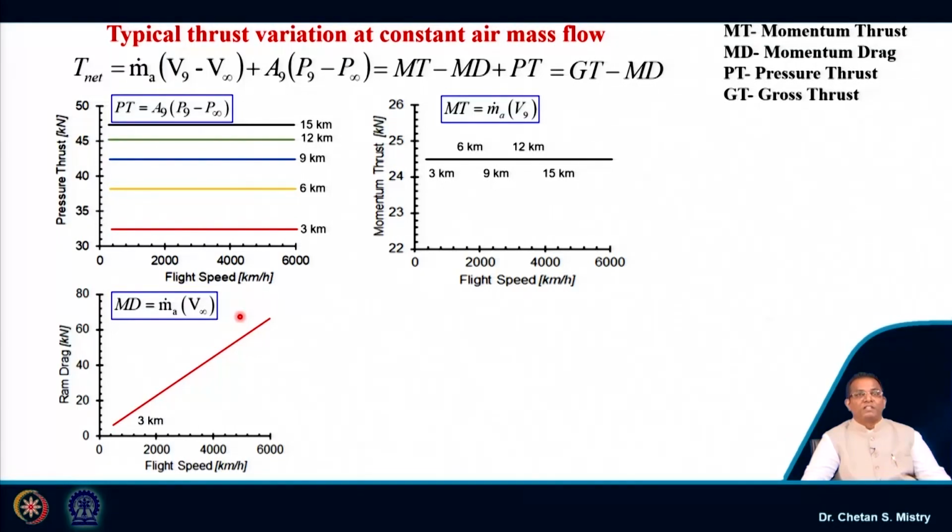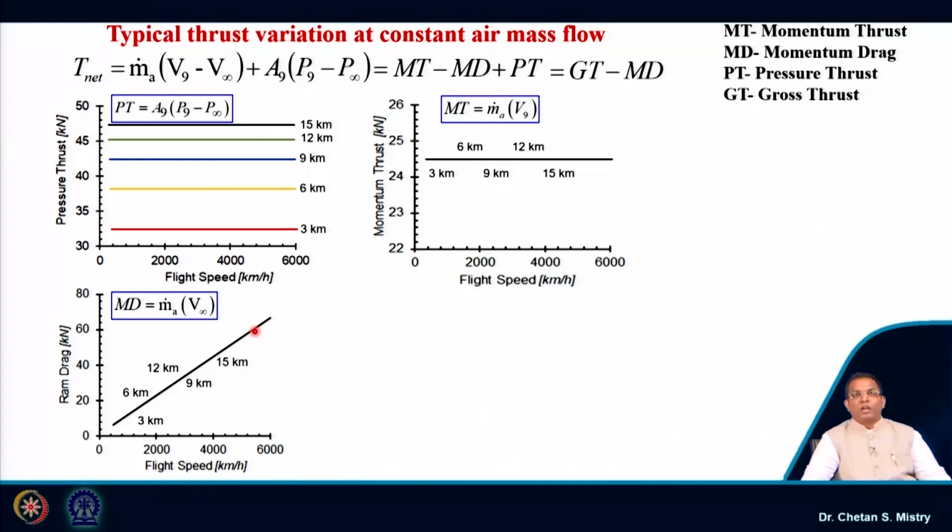So, here we consider the change of my altitude. We are not having the effect of this variation of my altitude, and you can see with the increase of my flight speed, my ram drag is increasing.